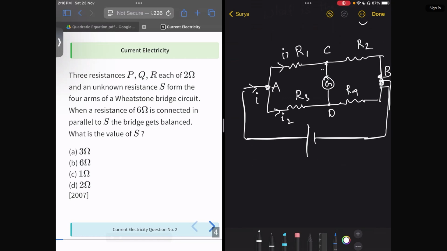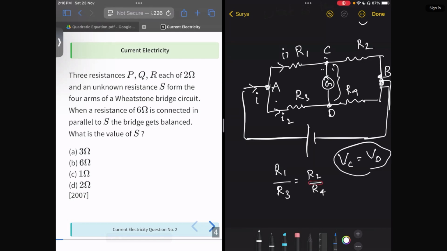If it is a Wheatstone bridge and R1 by R3 is equal to R2 by R4, then there is an equal potential drop: VA minus VC is equal to VA minus VD. So the potential at C is equal to the potential at D, and there will be no flow of current along CD.